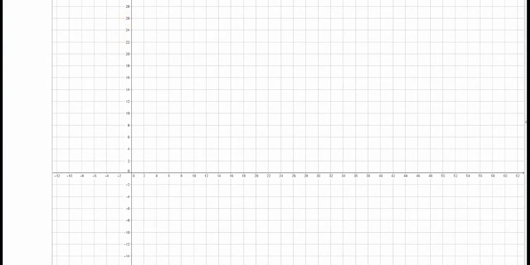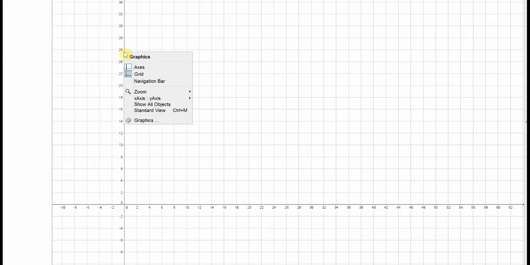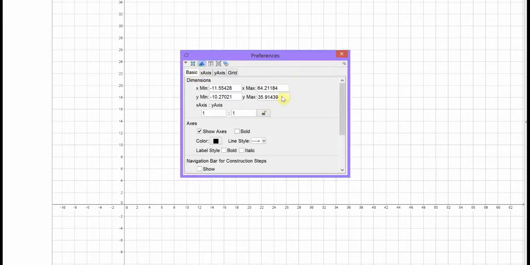This is in GeoGebra, and I'm going to change the scale. I don't always get this the first try. Okay, I was trying to grab it and drag it, but that's not working, so I can do it here. So we want to be able to see those 40s.